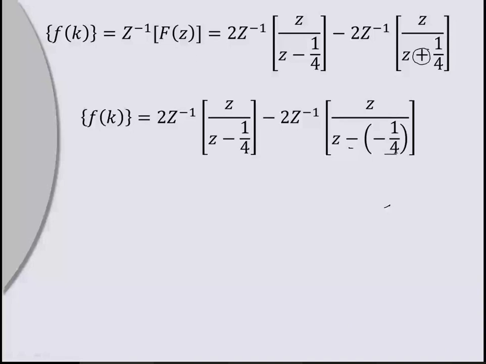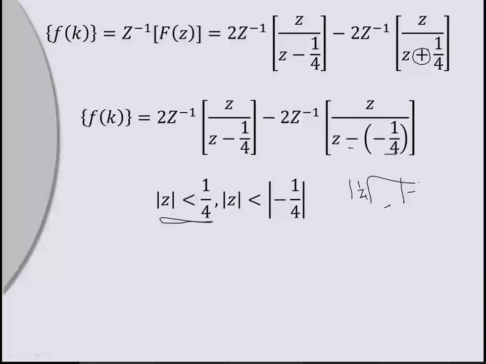Okay, the condition we know is mod z is less than 1 by 4, and if mod z is less than 1 by 4, mod z will definitely be less than mod of minus 1 by 4. Why is it so? Because mod of 1 by 4 and mod of minus 1 by 4 are one and the same.